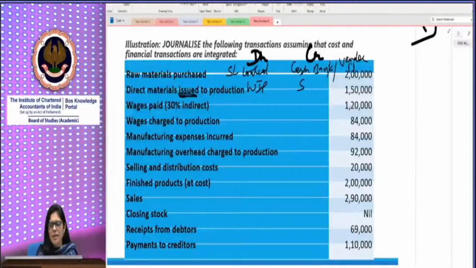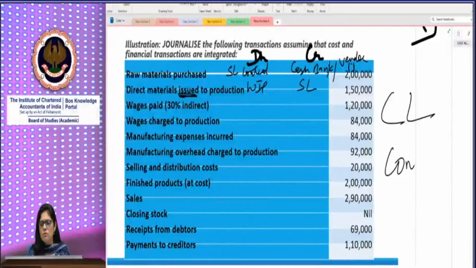WIP control account debit to stores ledger control account. Internal transfer from one control account to another has no change. It will be the same under integrated and non-integrated. I repeat, the difference between integrated and non-integrated is that we do not use cost ledger control account. That is all.